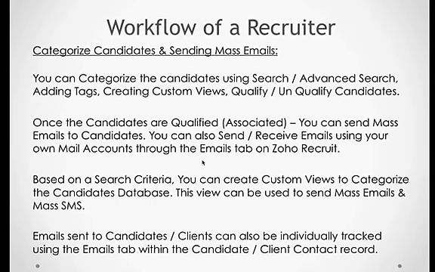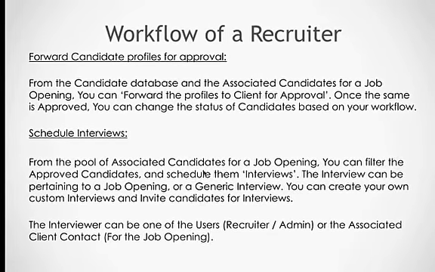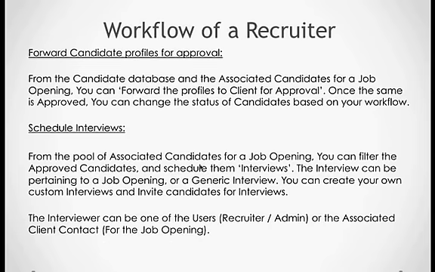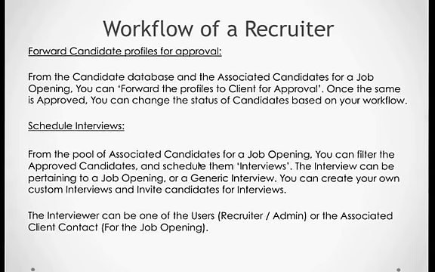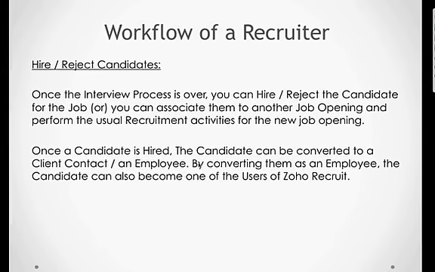So we discussed how to categorize candidates, how to send mass emails, how to send individual emails, how to forward clients' profiles for approval to the client contact or the hiring manager, and choose multiple rounds of interviews, and finally choosing to hire or reject candidates based on the performance they've given you. Once they are hired, you will have an option to either convert them to an employee, or convert them to a client contact.